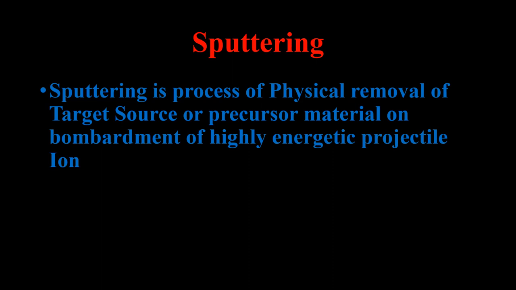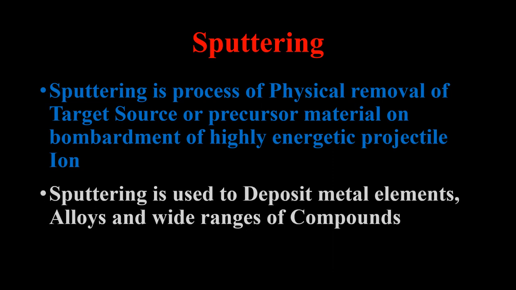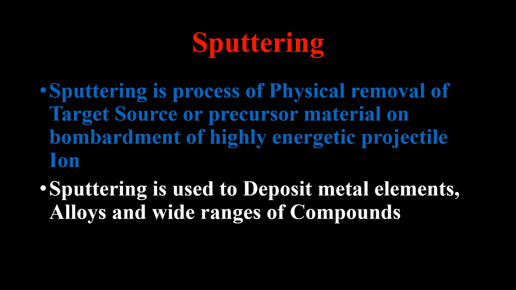So the binding energy is a key factor for the physical removal of the precursor or source material, and the energetic ion energy is also a key factor, and it should be higher than the binding energy of the source material. With the sputtering phenomenon, we can deposit elements, alloys, and a wide range of complex compounds.